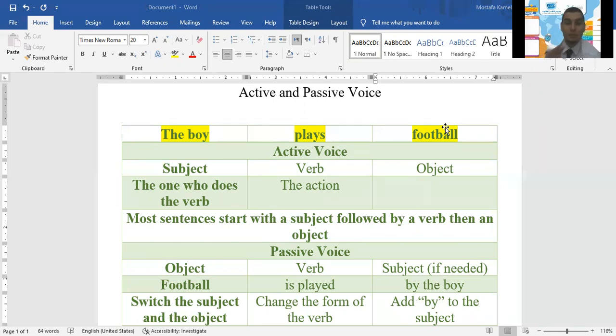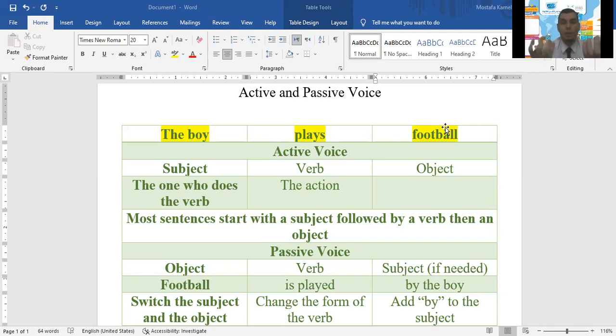Okay, let's review this very fast before we go any further. Any sentence starts with a subject, then verb, then an object. That's what we knew. But today we're going to study something new: not all sentences start with a subject, but some sentences start with an object.